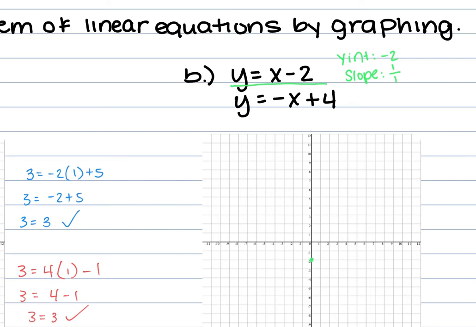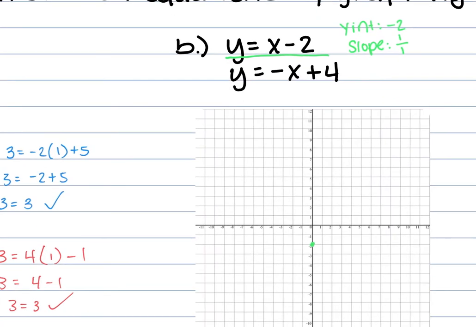And what am I going to do from there? If my slope is 1 over 1. Gabby? Excellent. Up 1 to the right 1, up 1 to the right 1, up 1 to the right 1, or down 1 to the left 1. Okay? Got a bunch of points. Let's draw a line going through all of them.